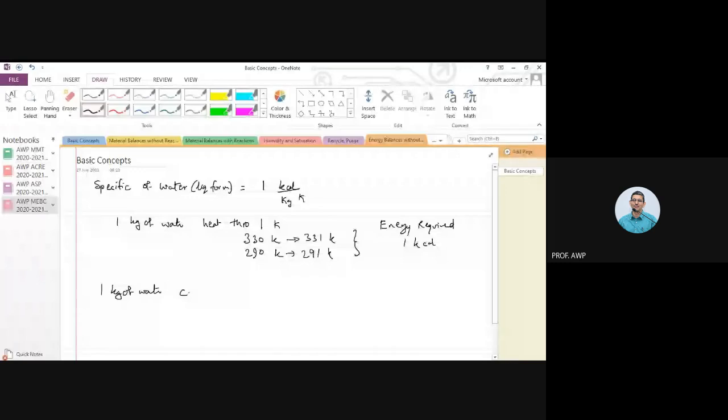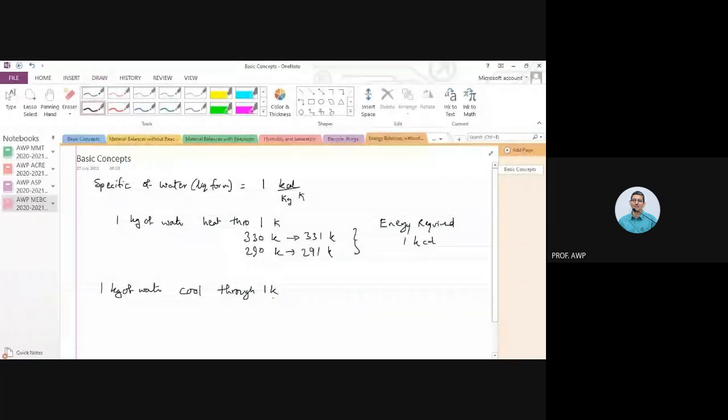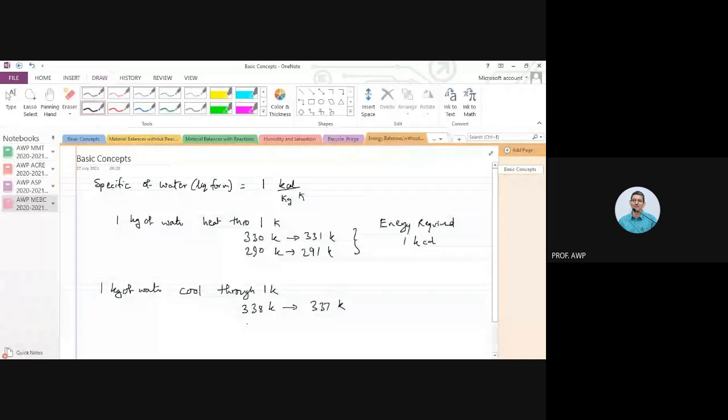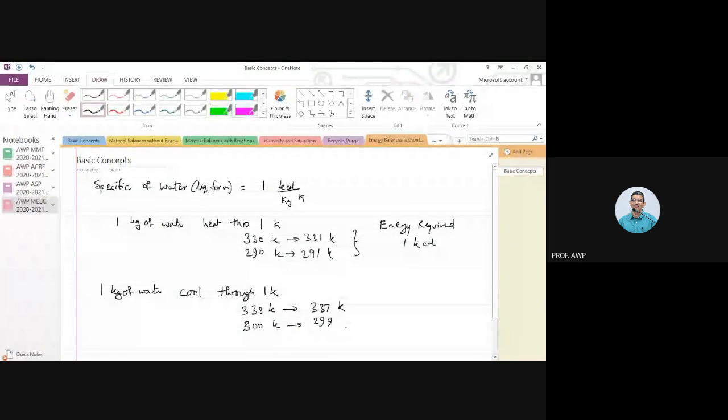Or if I cool 1 kg of water through 1 Kelvin, let's say from 338 Kelvin to 337 Kelvin, or from 300 Kelvin to 299 Kelvin, the amount of energy or heat to be removed from water would be 1 kilocalorie, right?